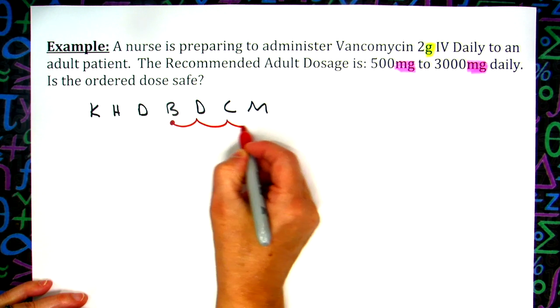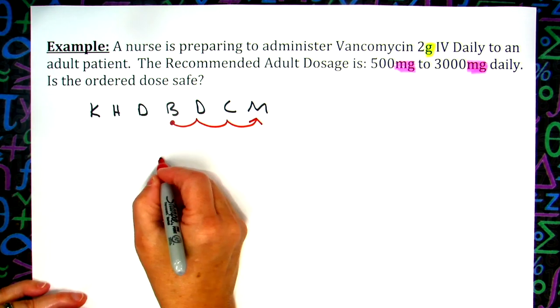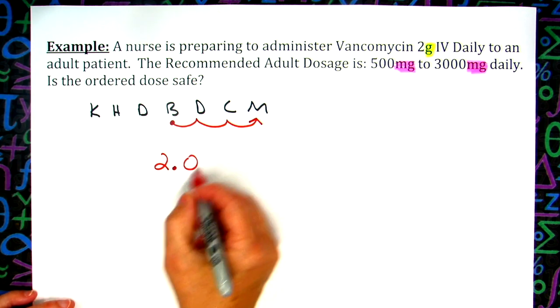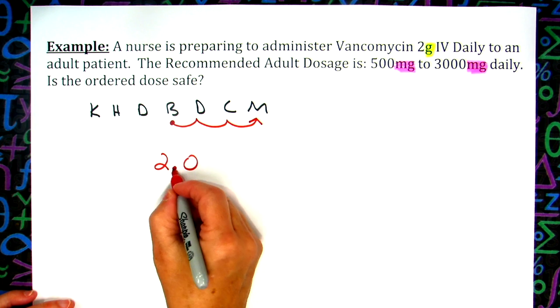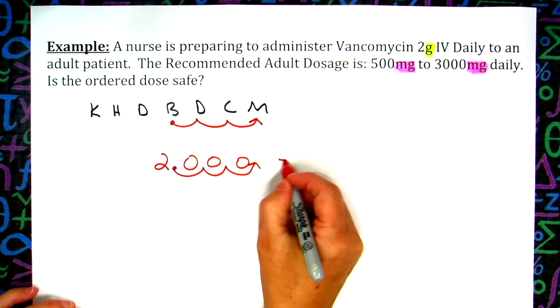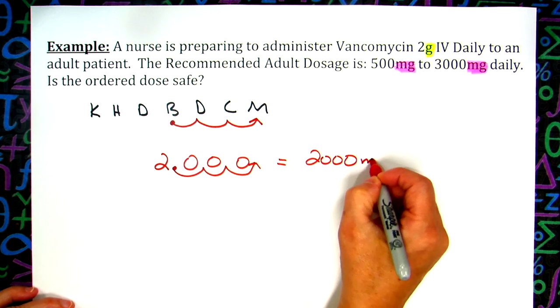So 3 hops to the milli prefix, 3 hops to the right. So I'm going to have that 2 grams. 2 is the same thing as a 2.0. So when I do my 3 hops to the right, 1, 2, 3, I'm going to have to add some zeros there. That's going to give me that 2 grams being 2,000 milligrams.